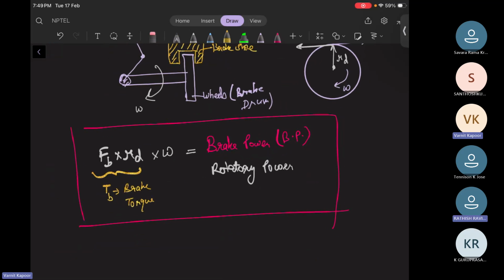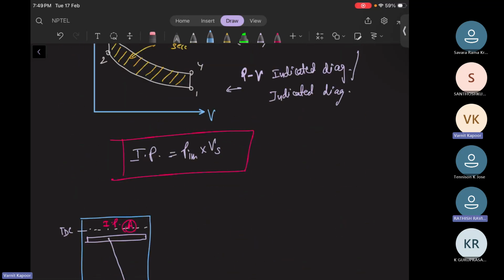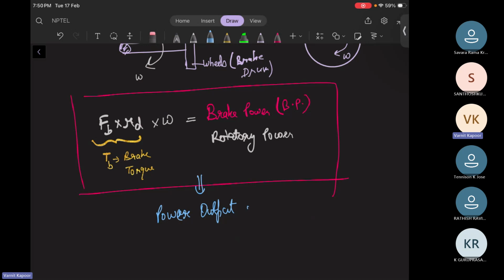Let me write here, power output. Indicated power was the power input to the system through the heat addition, whereas the net output over the drums or the wheels, from which the car or your vehicle is moving, is your power output or power delivered by the engine.